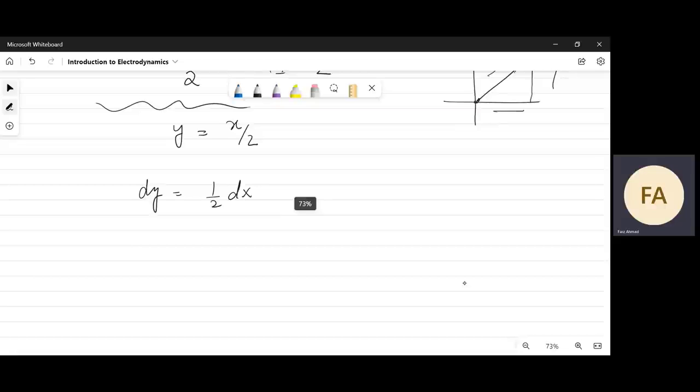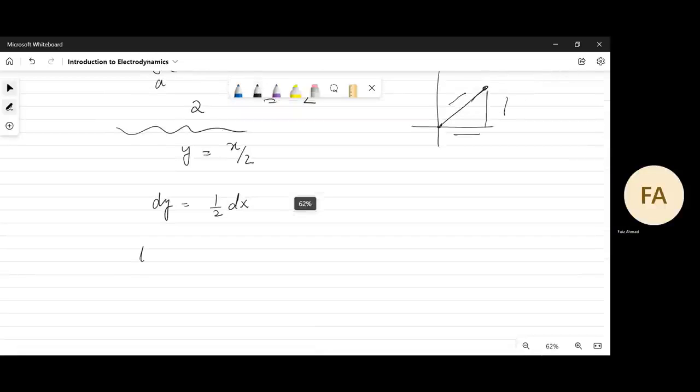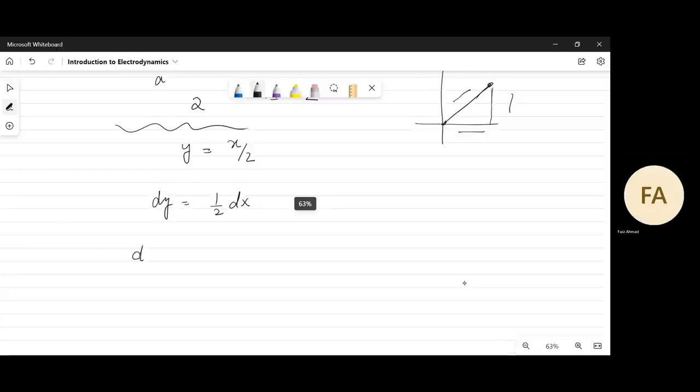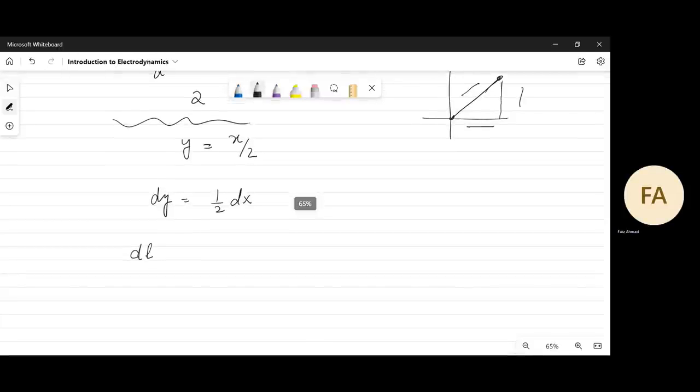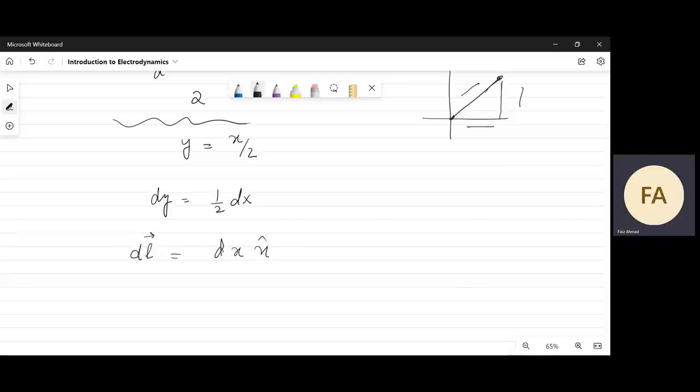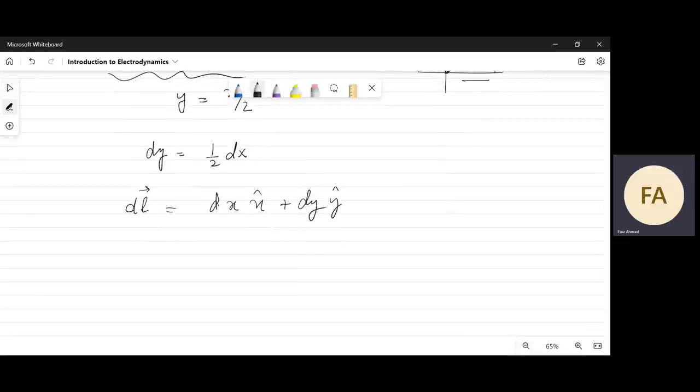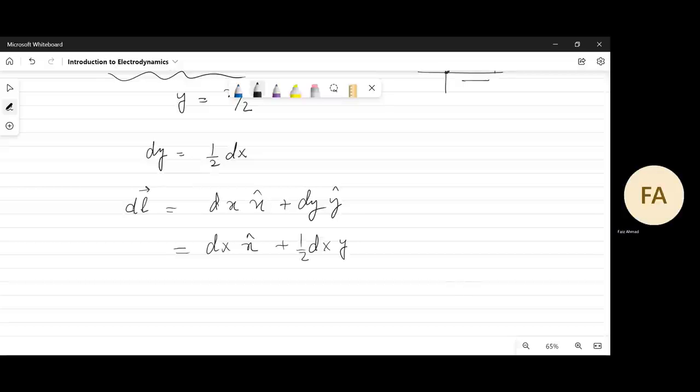So we can write dl in this case as dx x plus dy y, and now we want to replace dy with dx, so it will become dx x plus 1 by 2 dx y.